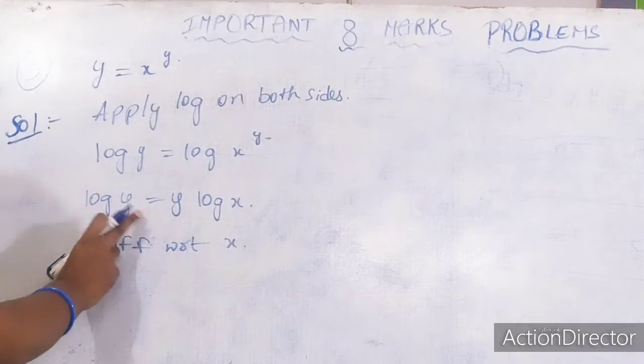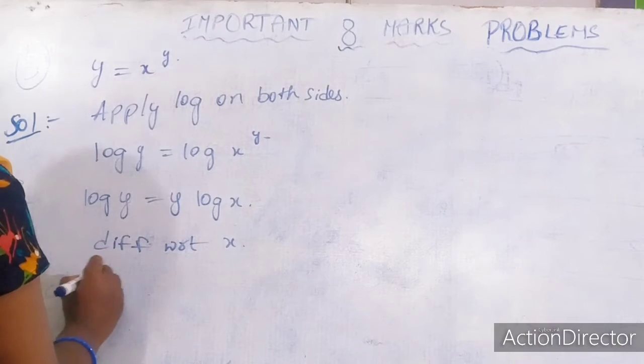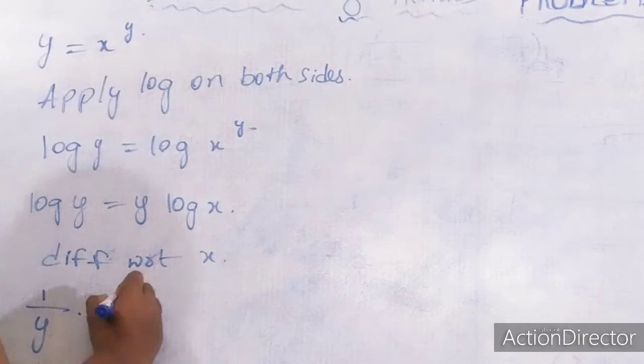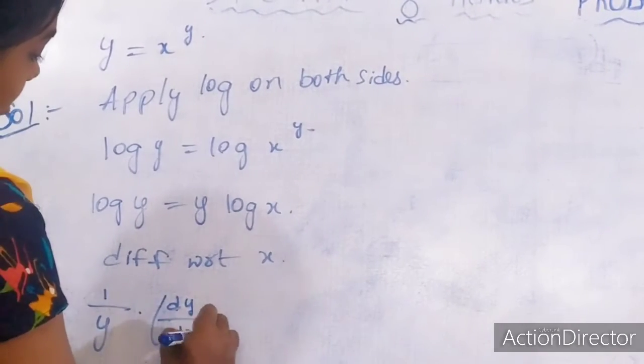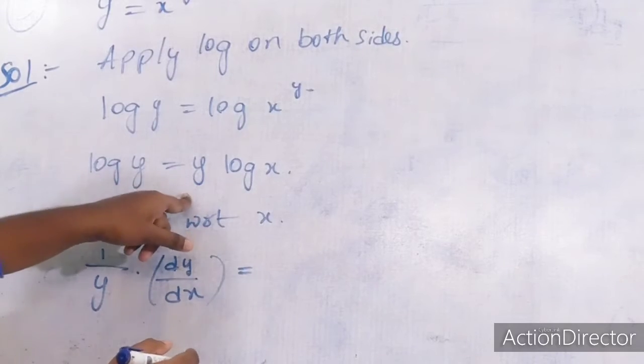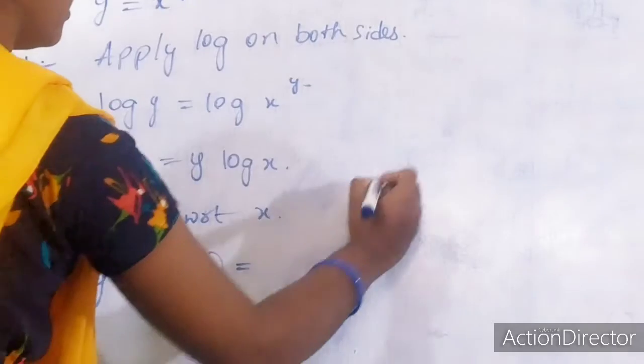Log y is of the form log x. So d by dx of log x is equal to 1 by x, that is 1 by y into d by dx of y, that is dy by dx, that is equal to, y log x is of the form u into v. d by dx of uv is equal to u v dash plus u dash v.